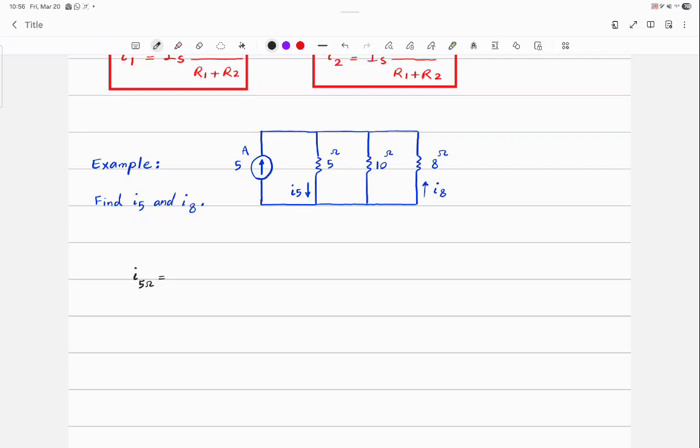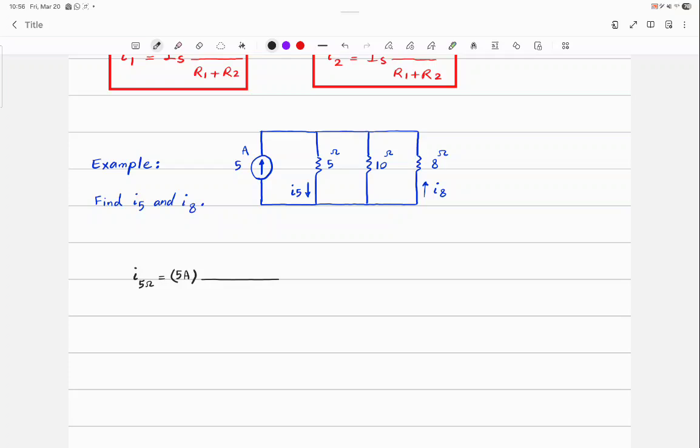Always for voltage and current division, first write the value that is supposed to be divided. So what is that? The 5 amps is going to be divided. After that, there's a fraction, so first draw the line. What should be at the denominator? Are you working with voltage division or current division?